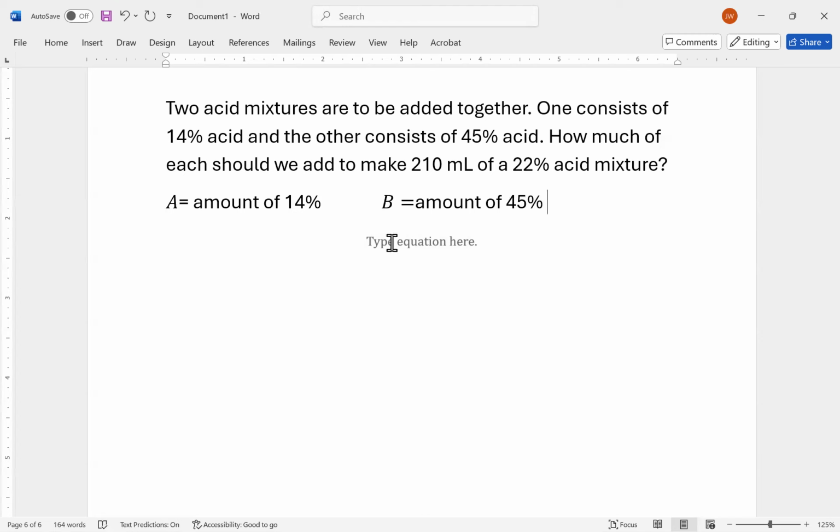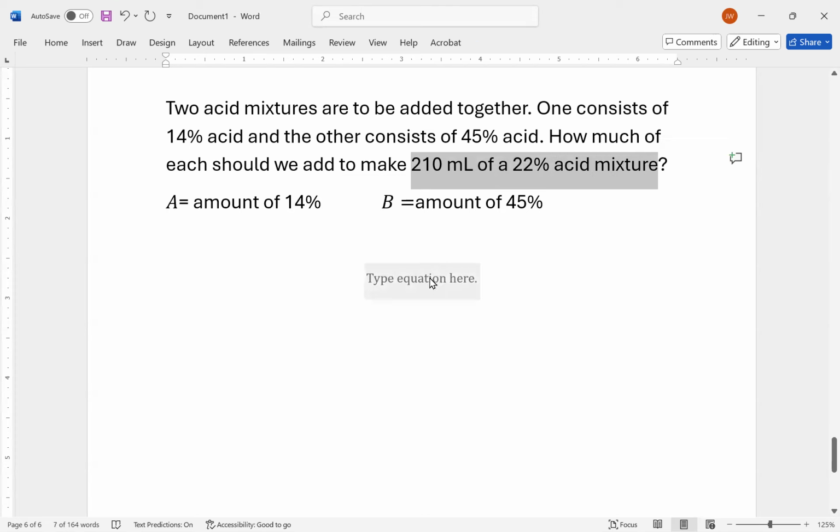Those are the two amounts I don't know. But here's what I do know. Those two amounts are going to be added together, and then they're going to make 210 milliliters of a 22% acid mixture.